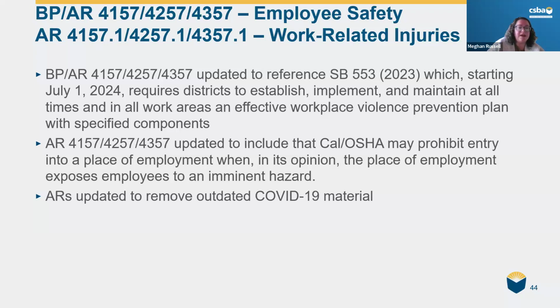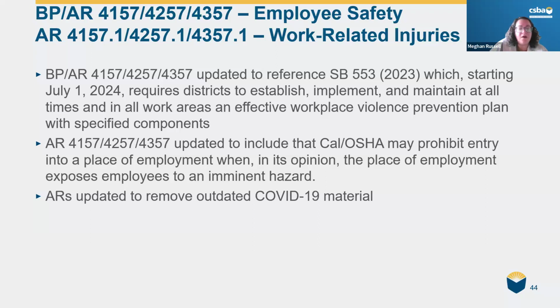It has specified components that must be included in the plan, and SB 553 also requires districts to provide employees with training about the plan as well. And this is a new annual requirement.